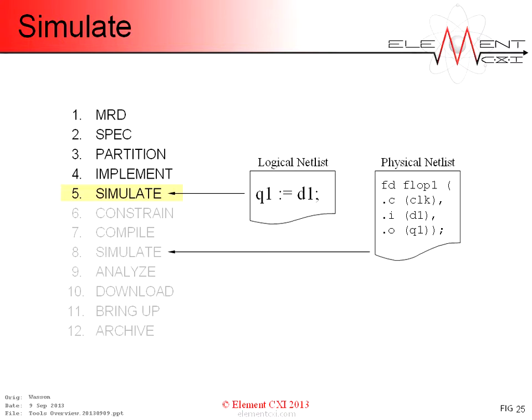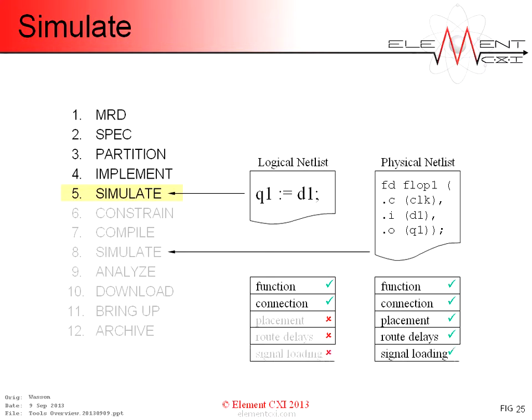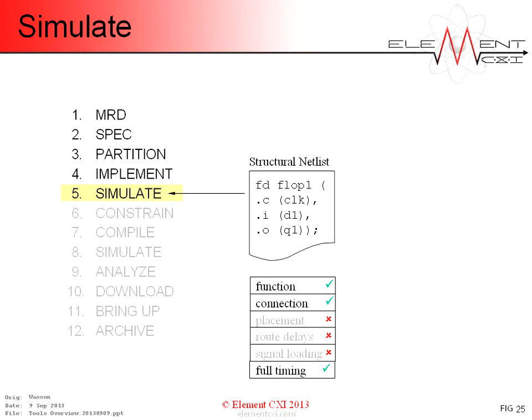A major difference between the two is pre-compilation simulation does not include the effects of placement, which in a standard FPGA includes things like route delays and signal loading. Since full timing is unknown, this step proves functionality, not performance. However, if the netlist is structural and the connection delay is known a priori, performance can be pre-calculated. The CXI architecture offers this opportunity.